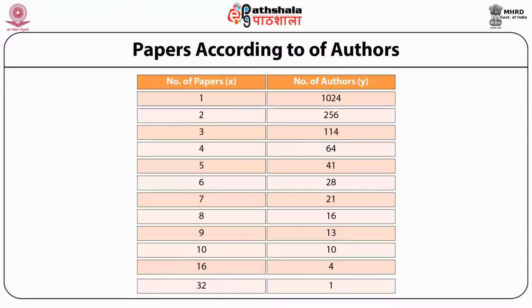This is a table which is given according to the number of authors who contributed 1 paper, 2 papers, 3 papers, and like that. So the first row indicates that 1024 authors have contributed 1 paper, 2056 authors have contributed 2 papers. In this way, there is only one author who has contributed 32 papers.